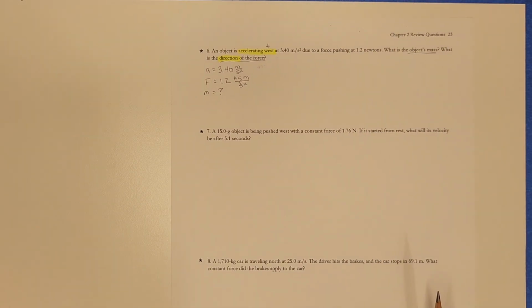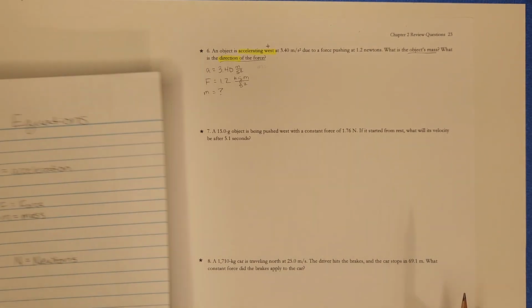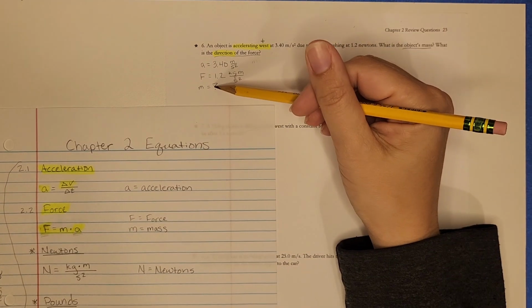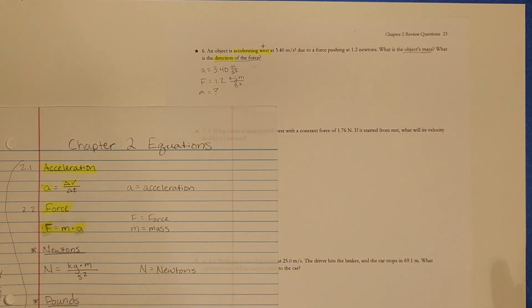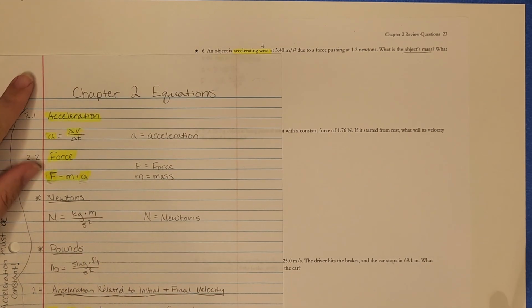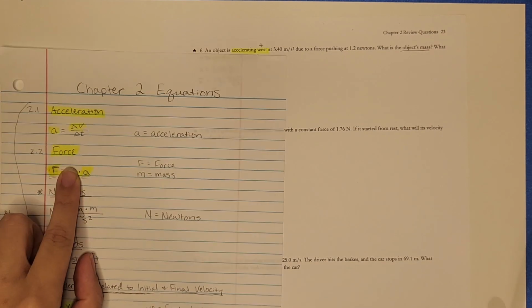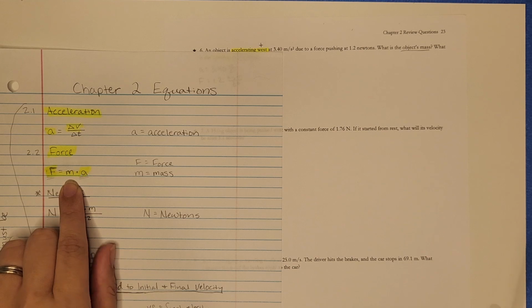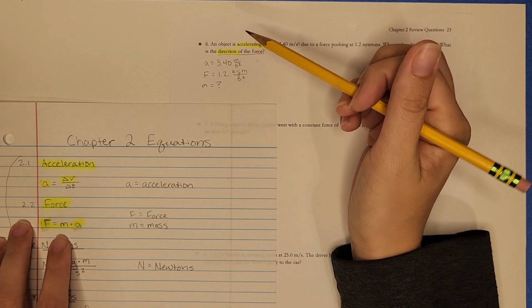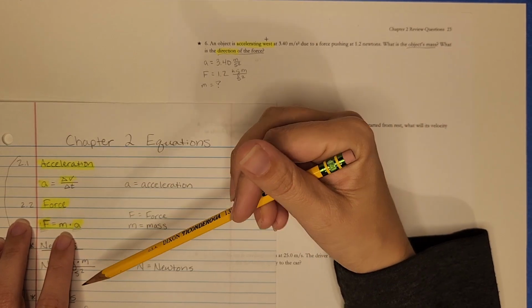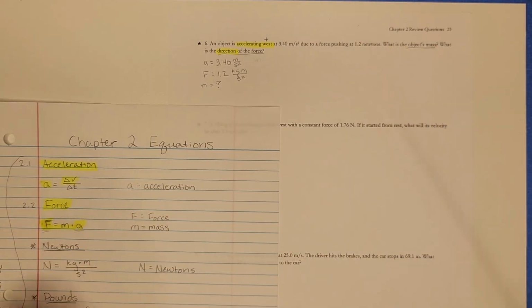Having that, I can use my bank of equations and figure out which equation is going to help me solve this mass question. Here, equation 2.2 for force: force equals the mass times the acceleration. I have two of the three here, so I'm going to be able to easily solve for mass.